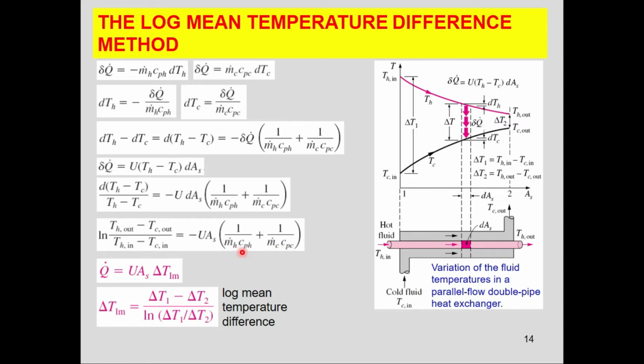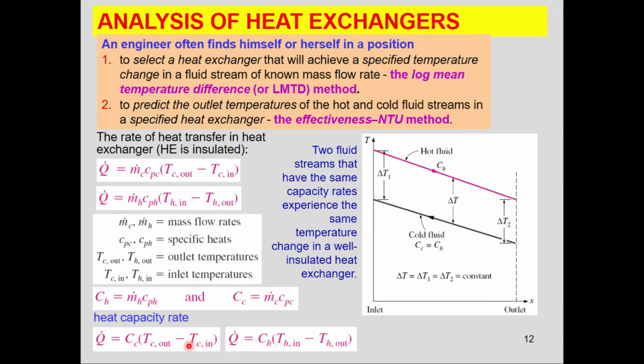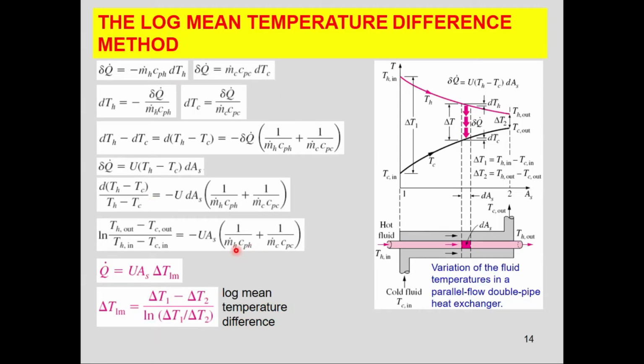If we put the values of the heat capacity rate for the hot fluid and the cold fluid from the expressions mentioned over here, taking the values of m dot c cpc and m dot h cph from these two expressions and putting them over here, we will ultimately come up with the expression known as delta T lm, which is equal to delta T1 minus delta T2 divided by the natural log of the ratio of delta T1 over delta T2.